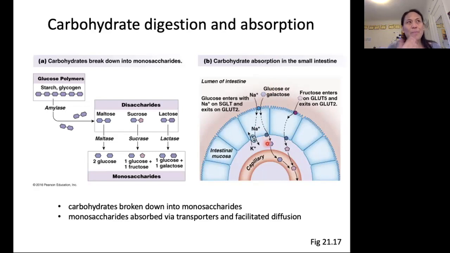And I just want to remind you that in order to move a molecule across the epithelial cell, we actually have 2 crossings that we need to do, right? We first need to cross the apical membrane here, and then we cross the basolateral membrane. That brings our monosaccharide to the interstitial space where it then can be absorbed into the bloodstream.